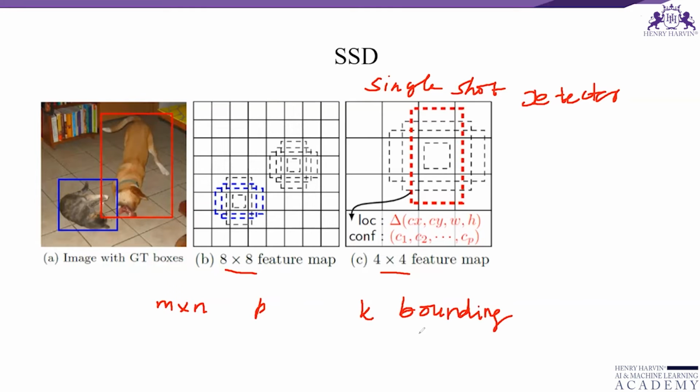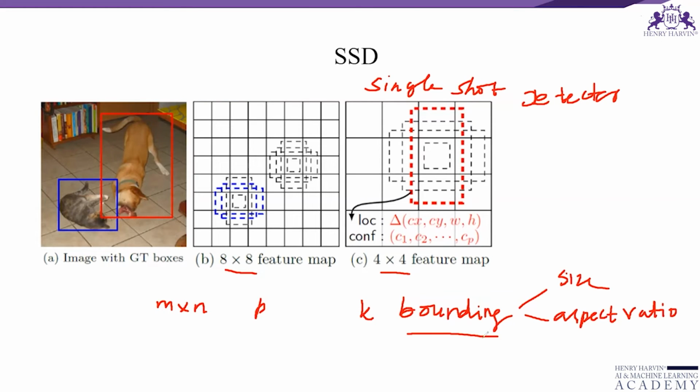These bounding boxes can have different sizes and aspect ratios. What is the concept here? It may be a vertical rectangle, which fits a human better, and a horizontal rectangle, which fits a car better.